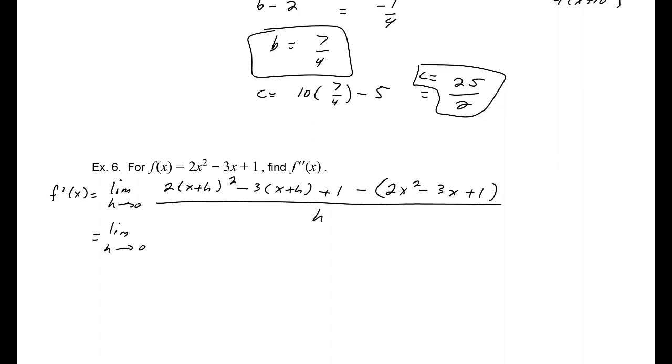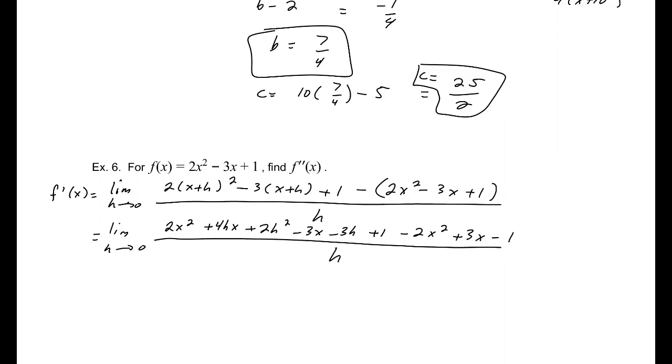Okay, so we'll have a 2x squared, which will cancel out, a 4hx plus 2h squared minus 3x minus 3h plus 1 minus 2x squared plus 3x minus 1, all divided by h.